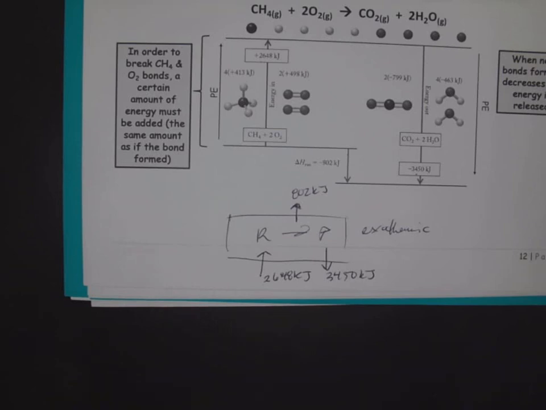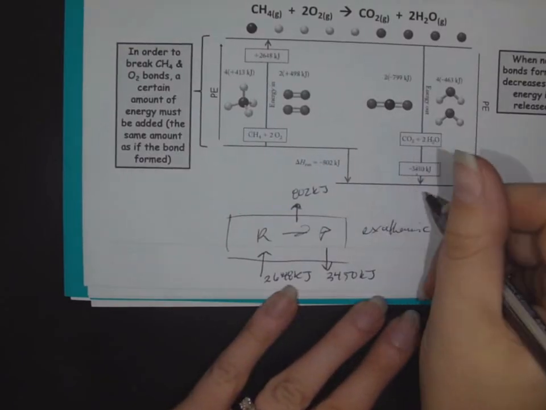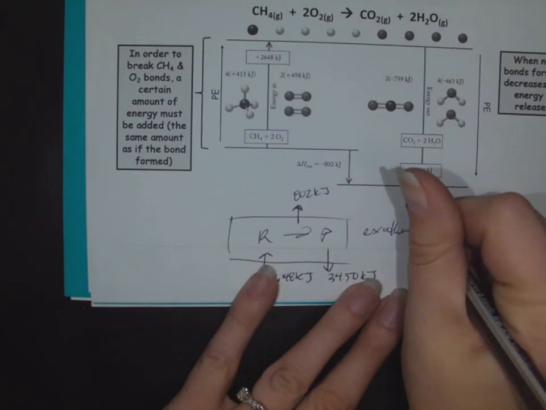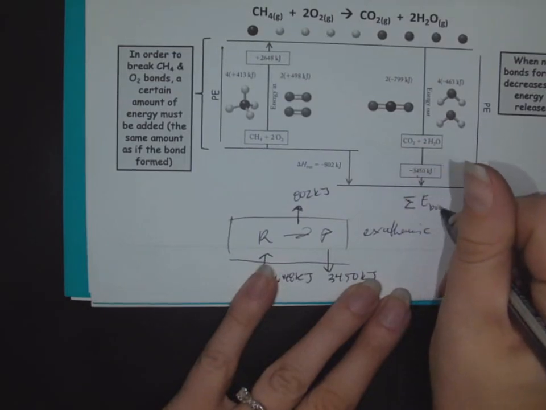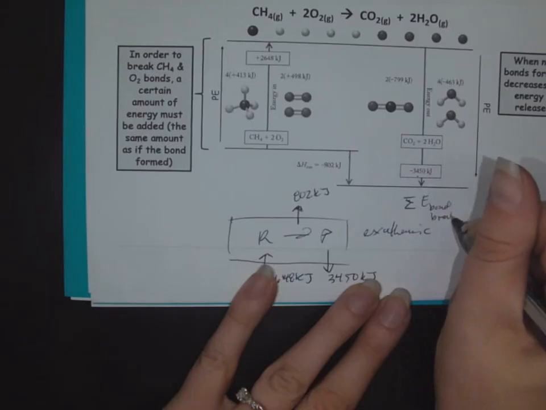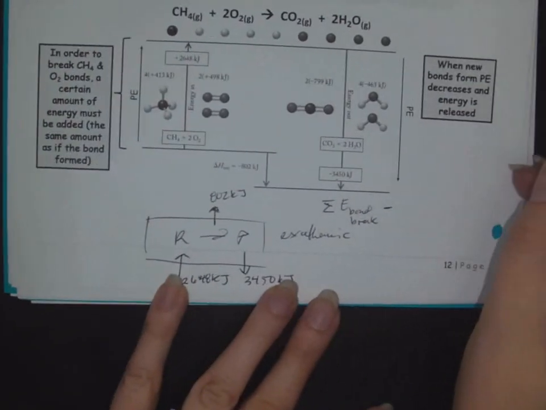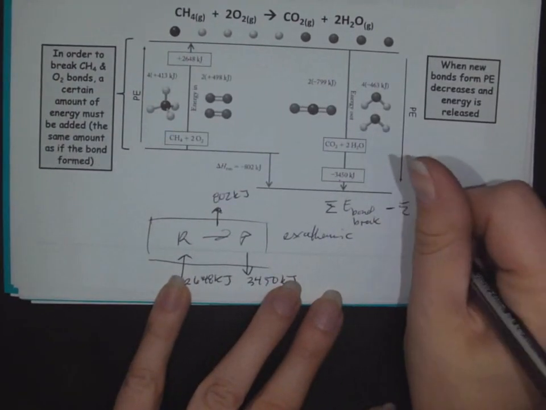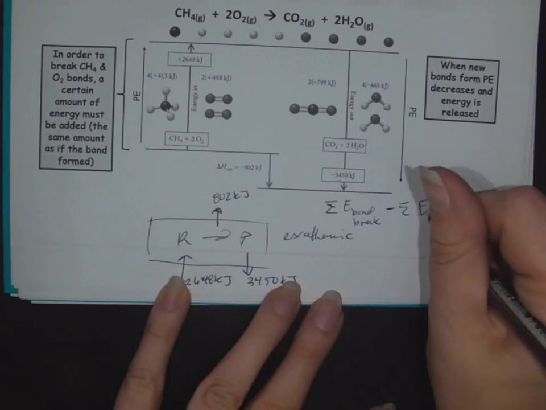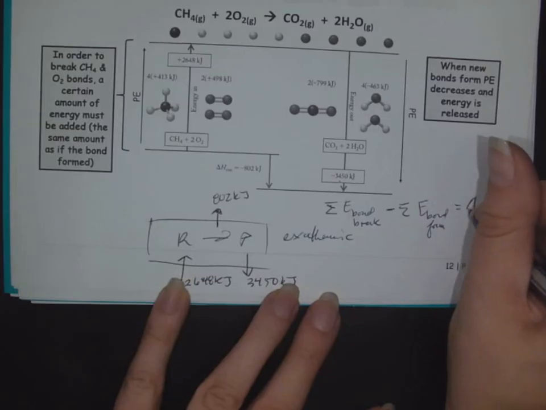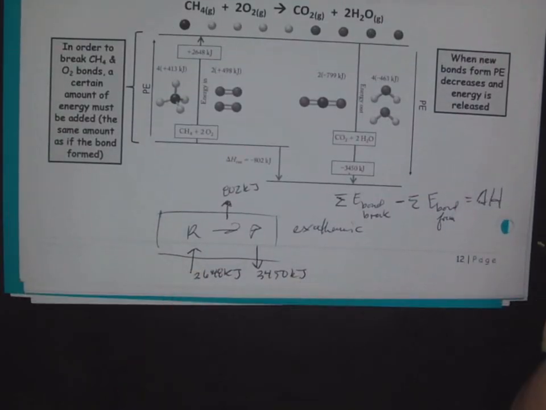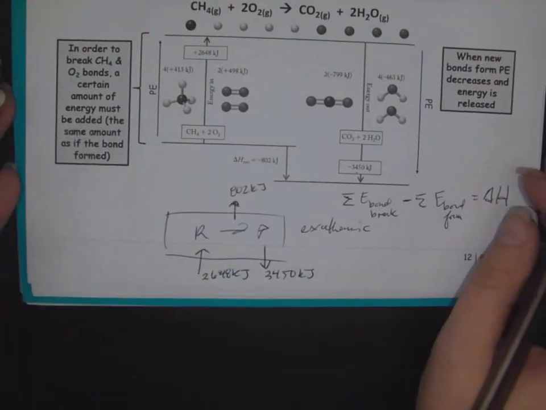What's cool is if you sum up all the energy of the bonds that we break, and you subtract from it all the energy that's released when bonds are formed, that will equal your delta H. And if it's negative, it'll be exothermic, and if it's positive, it will be endothermic.